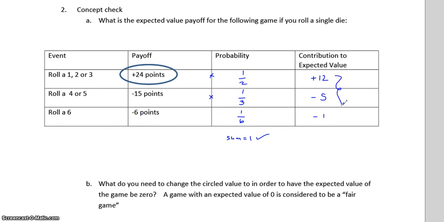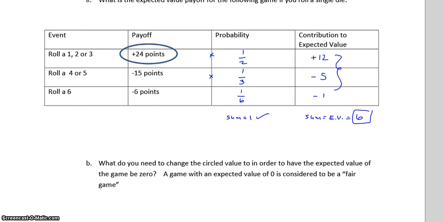And then we just go ahead and add this column up. The sum here, which is going to equal the expected value, is simply 12 minus 5 minus 1 is 6. So it looks like if you played this game over and over and over, you would expect to earn positive 6 points on each turn with this game.